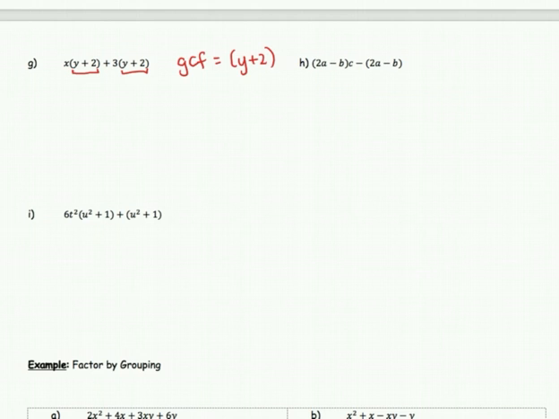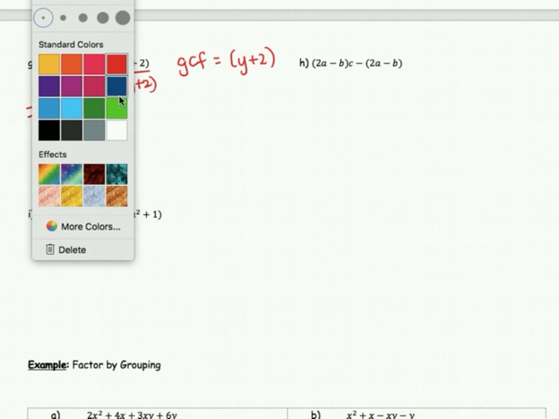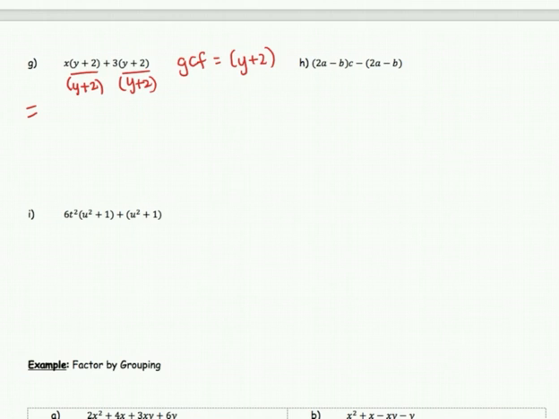And that's what you're going to take and divide out. So if I actually write it as divide, in brackets y plus 2, y plus 2, okay? And then you can divide out, like these will cancel out.